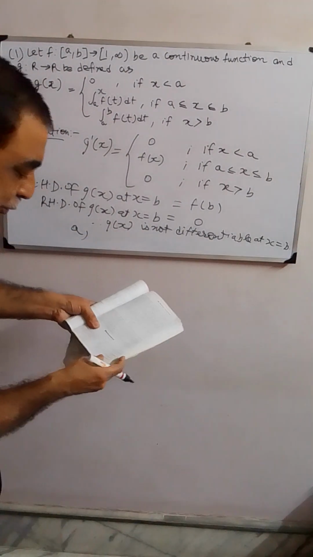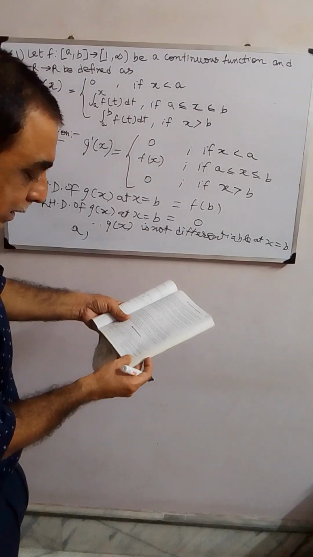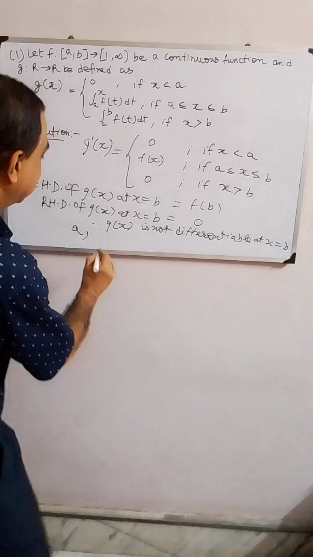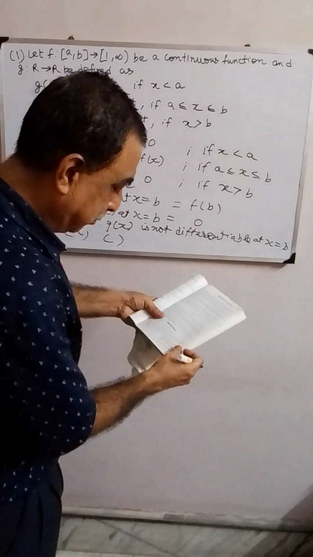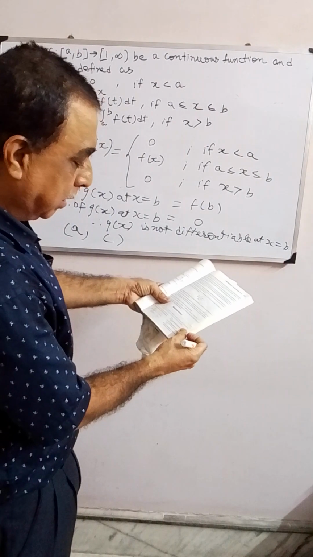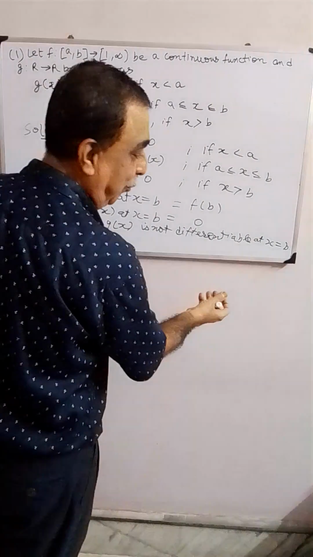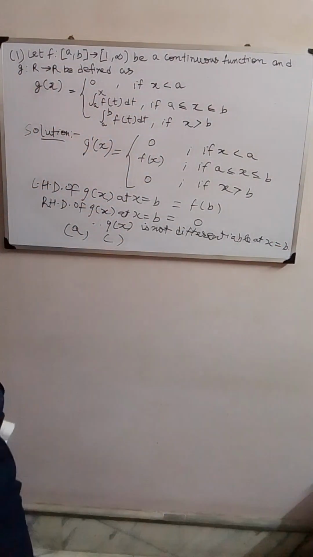And option C says that g(x) is continuous at x equals b but not differentiable at x equals b. So option C is also correct. Option B is saying that g(x) is differentiable on R. It is not differentiable on the full R because it is not differentiable at x equals a and x equals b.